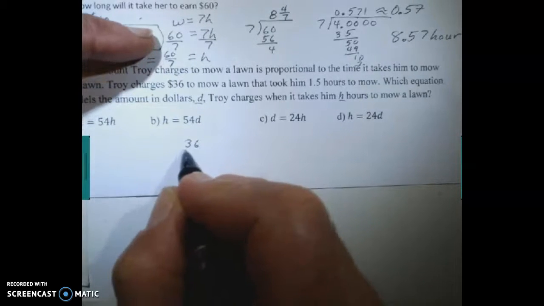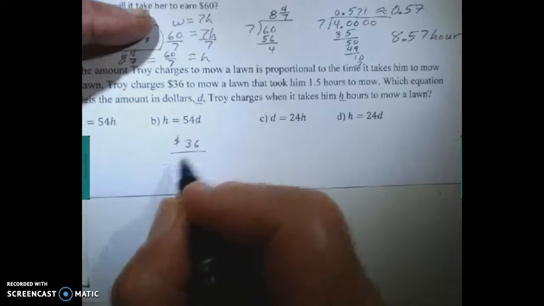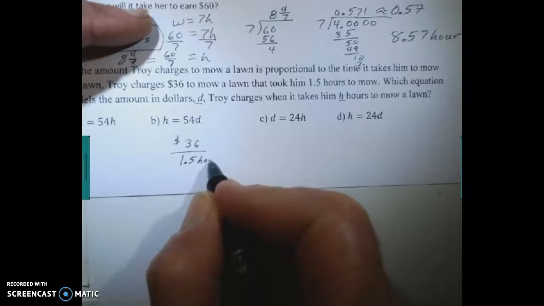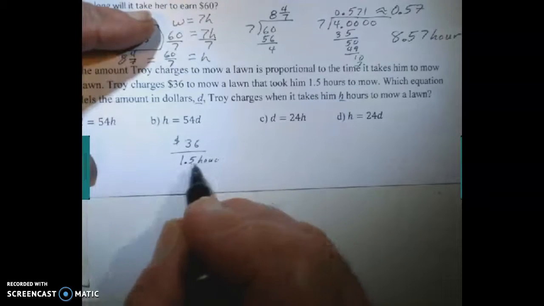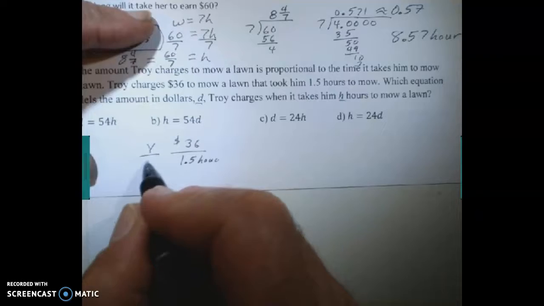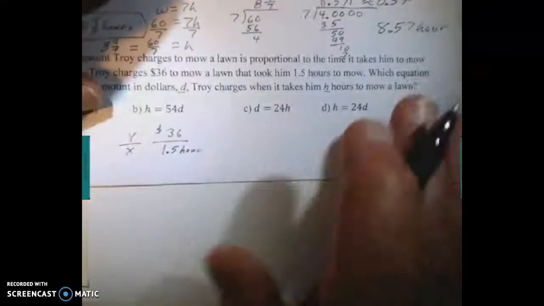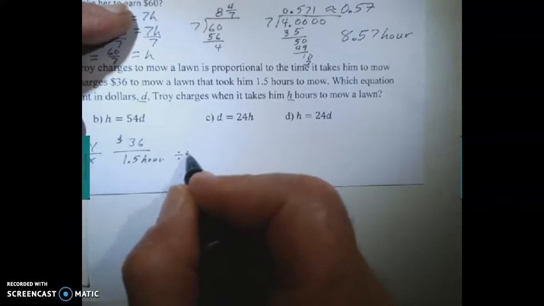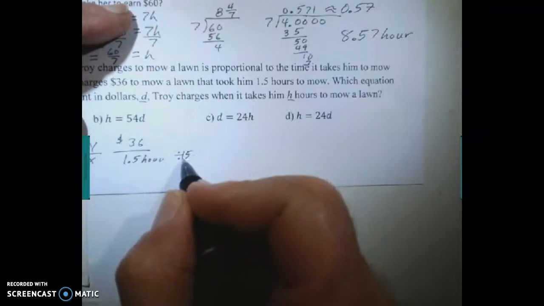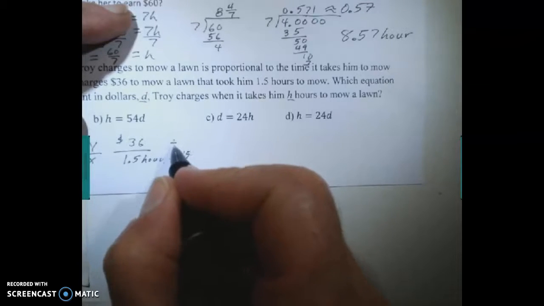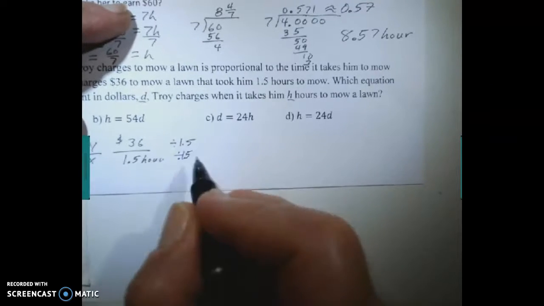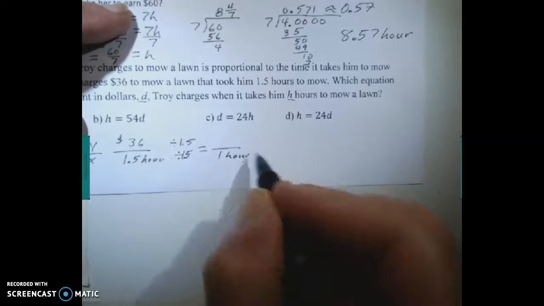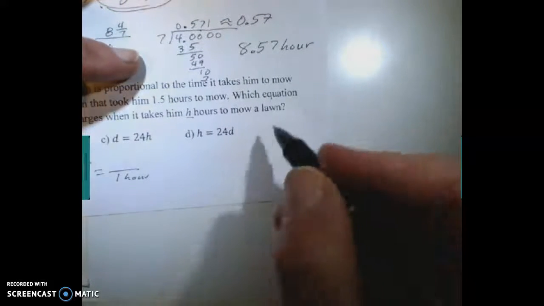So if you put $36 over 1.5 hours, and then that also makes sense because time is normally the independent variable, that is your y over your x. Make it a unit rate, so divide by 1.5. Divide the top by 1.5. On the bottom, you're going to get 1 hour. On the top, you're going to have to do the math.